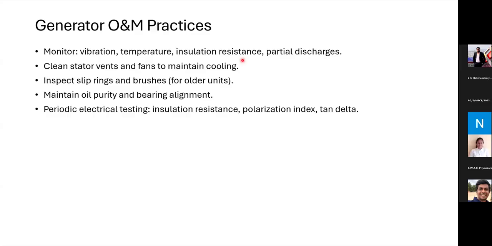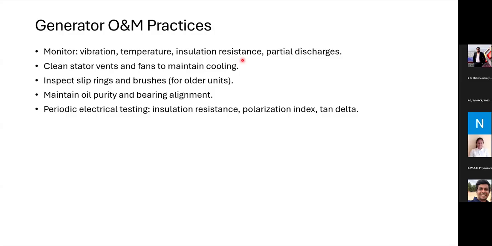As time goes, the insulating material is being stressed at high voltages, because generators typically generate at a few kilovolts, from 10 kilovolts to about 15 kilovolts. At those voltage levels the insulation is getting stressed, and stressed insulation can cause failure.